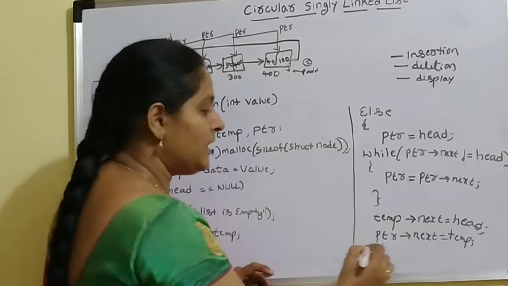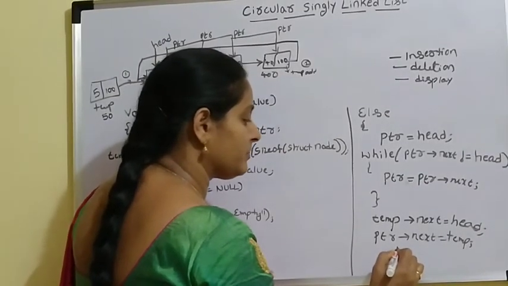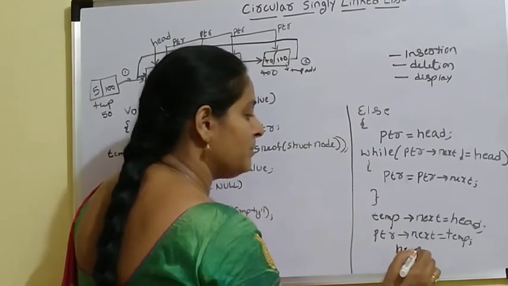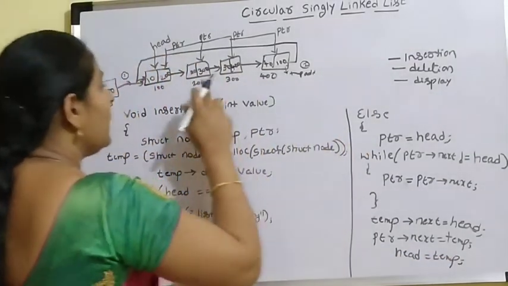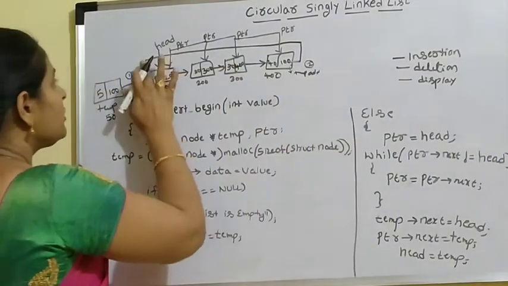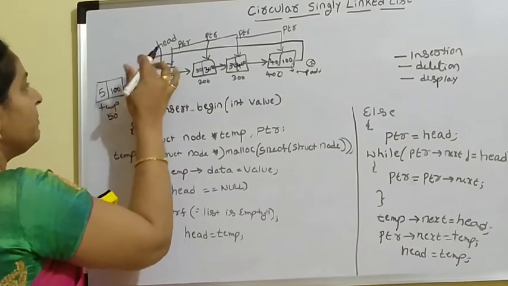Now make this temp as head. After writing this statement, automatically the connection between head and the PTR will be removed.